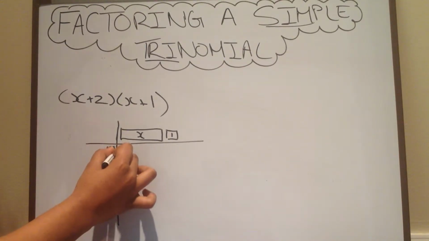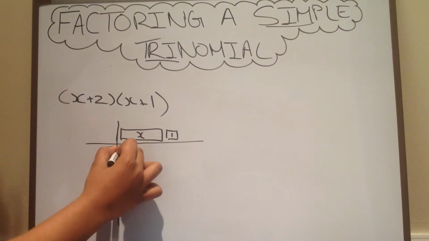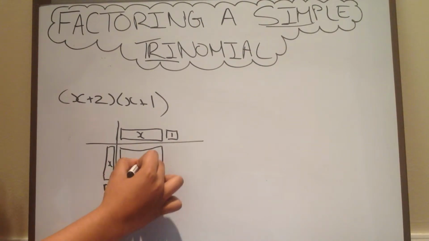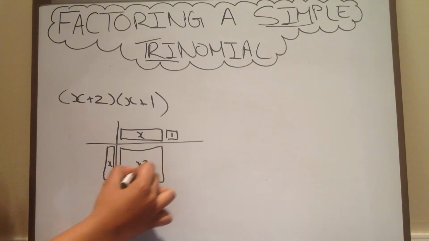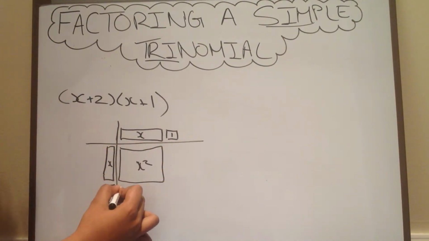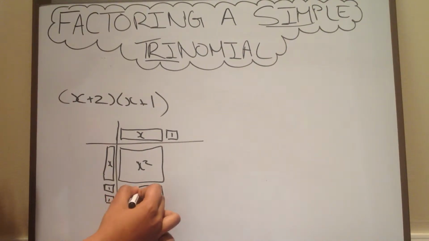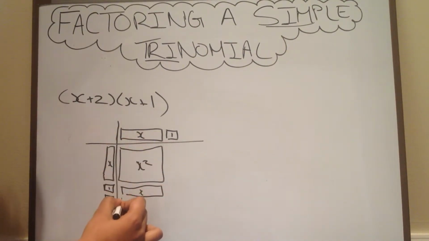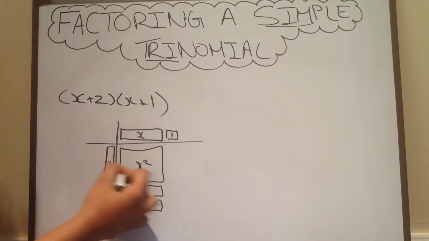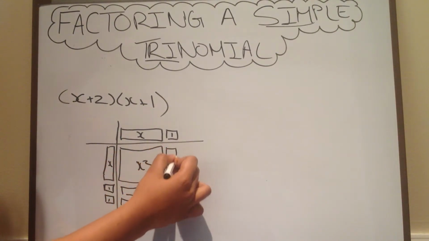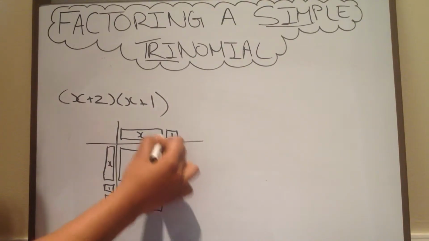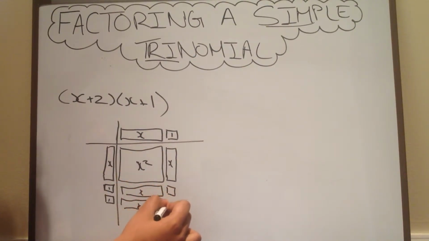To fill this in, we know that x times x gives you x squared, and x times 1 gives you x. 1 times x gives you x, and 1 times 1 gives you 1.